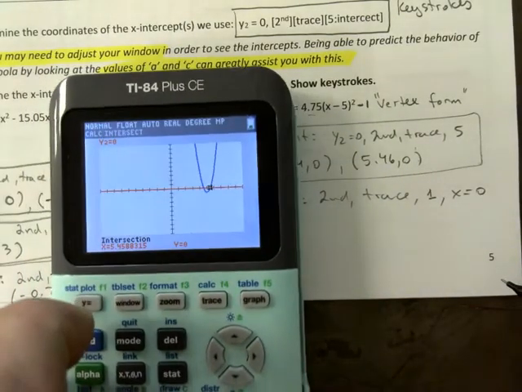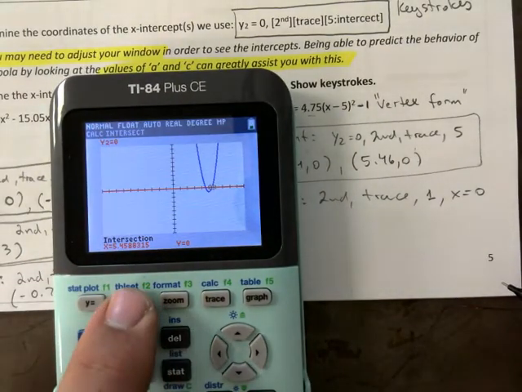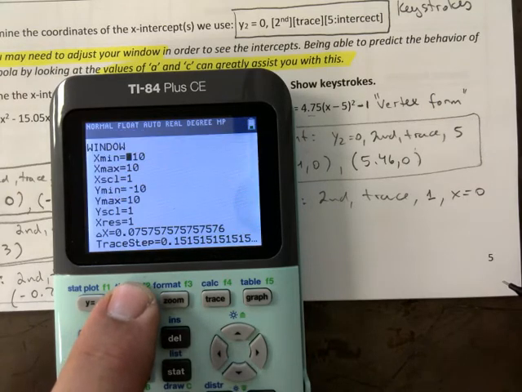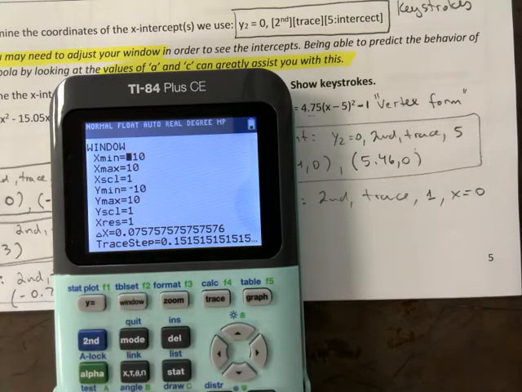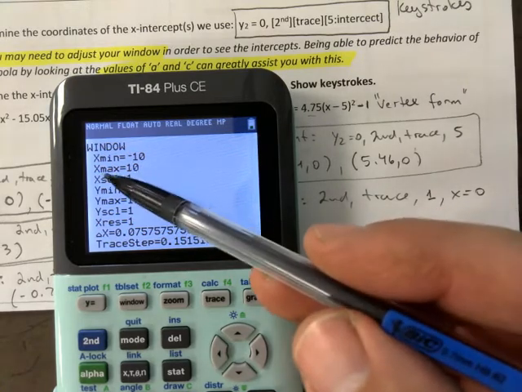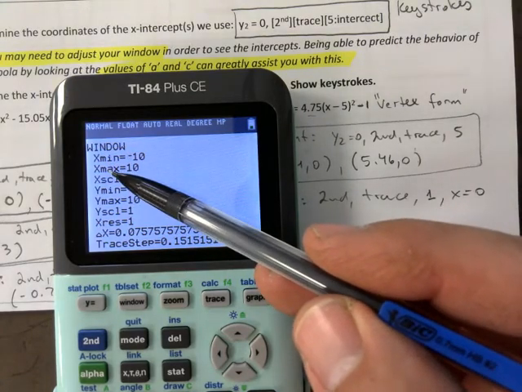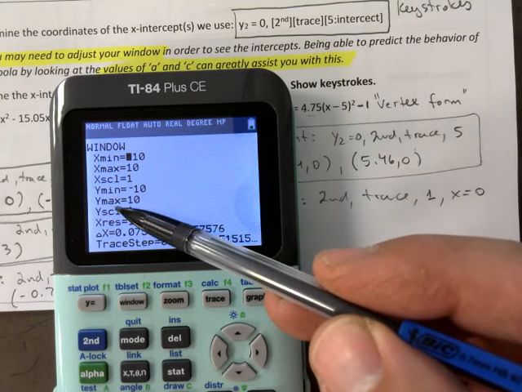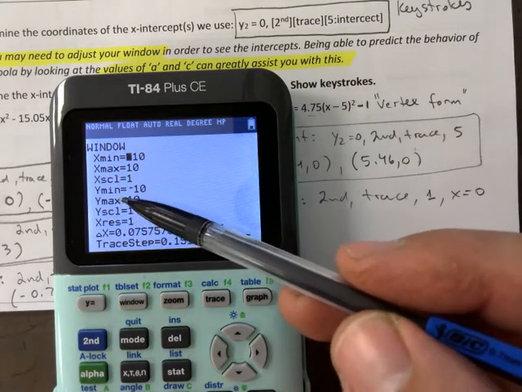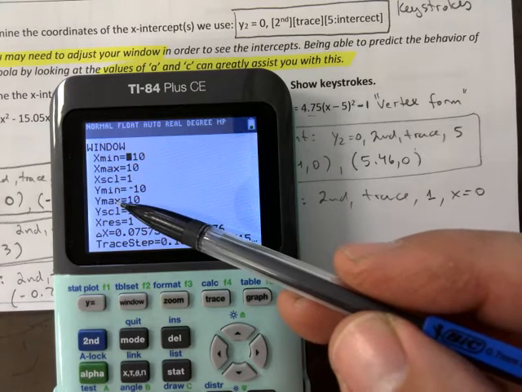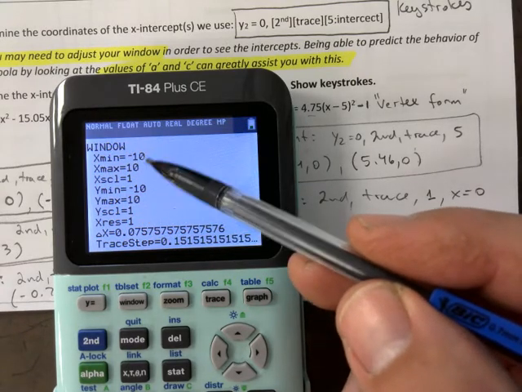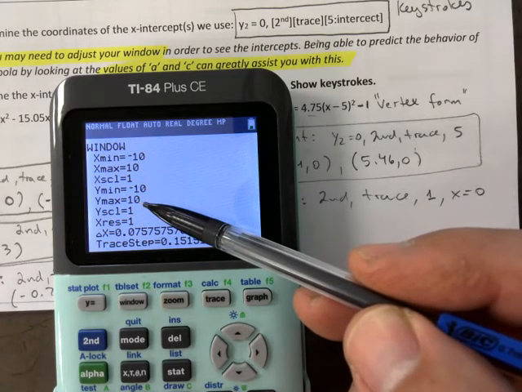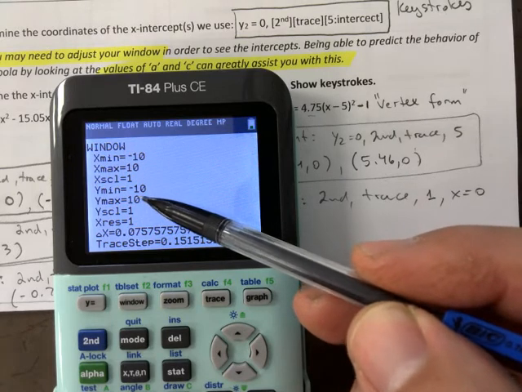And so this is where the window comes in. Can you press your window, please? The only ones you need to worry about are X-min, X-max, as well as Y-min, Y-max. Those are the only 4 you need to worry about, okay? So right now we all pressed zoom standard, so see how it has negative 10, 10, negative 10, 10, right?